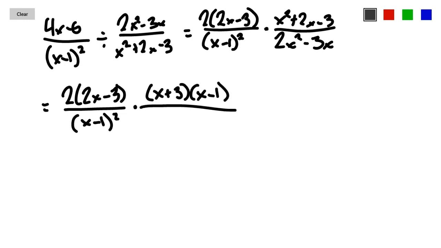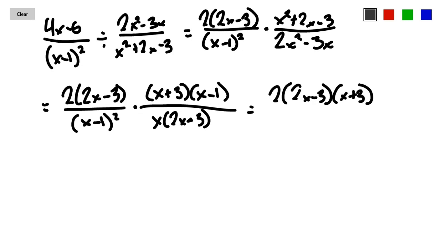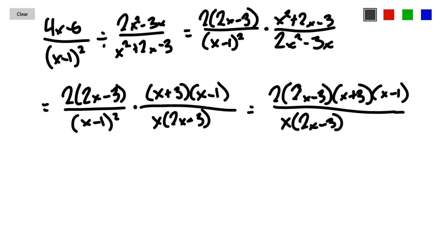And the bottom, I can take out an x here, and then I'm left with 2x minus 3. And then to multiply, you just multiply straight across, top times top and bottom times bottom. So I get 2 times 2x minus 3 times x plus 3 times x minus 1 on the top. And on the bottom, I end up with an x times a 2x minus 3 times a x minus 1 squared.